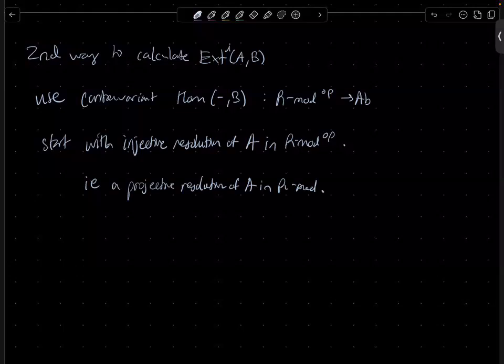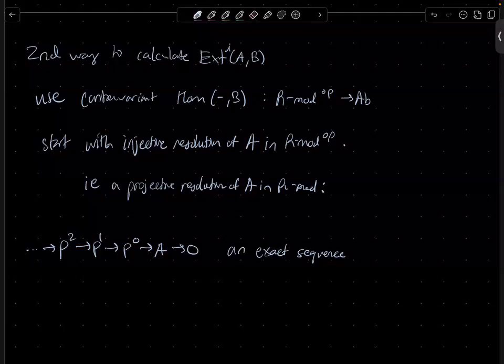Yeah. So what does this look like? Very similar to the injective resolution, but it's like flipped, right? You have something like this, P2, P1, P0, and P0 will surject onto A like this. This is an exact sequence. Projective resolution is this thing.